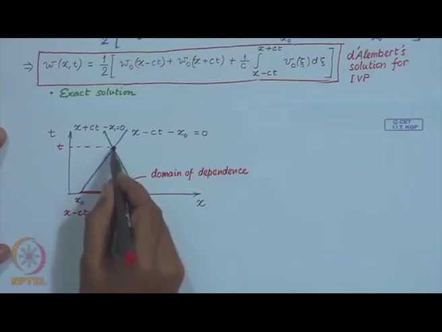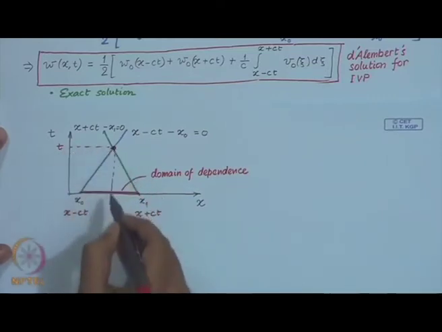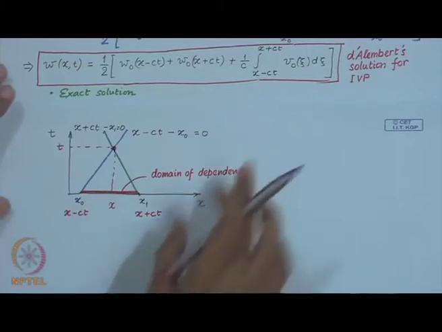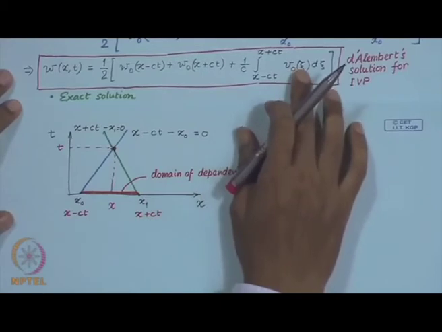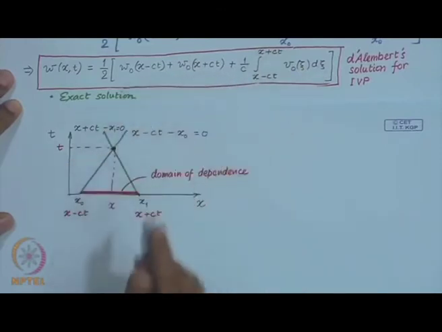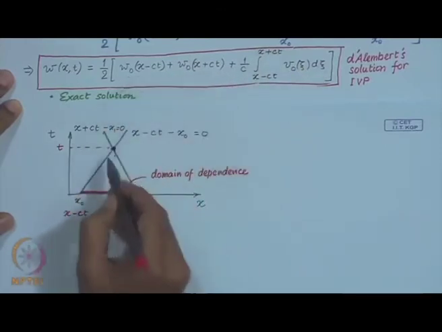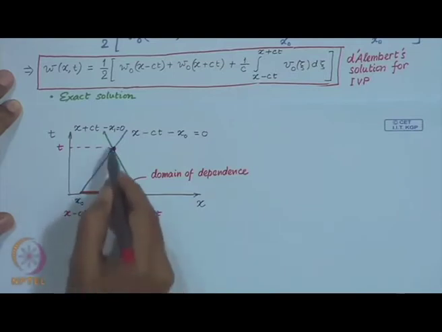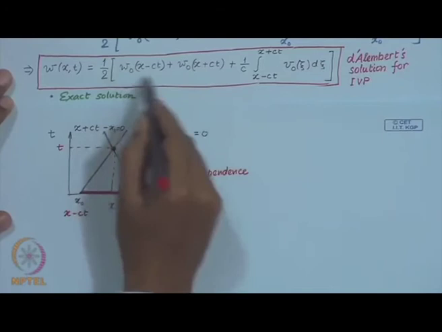The solution at any space point x and at any time t is dependent on the distribution of initial conditions in this domain. Now, if the initial velocity is 0, then of course this integral vanishes. Then we find that the solution here is dependent only on the displacements at these 2 points at time t equal to 0. That gets summed up here as we see here.